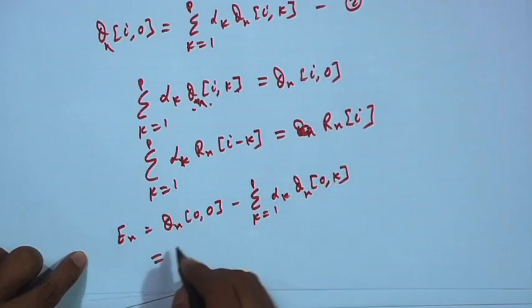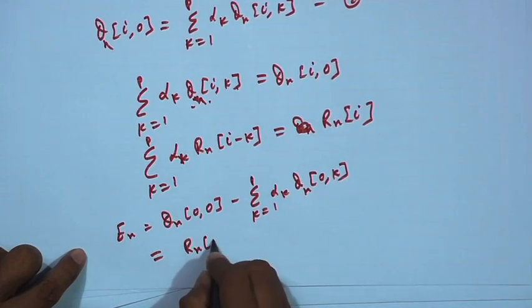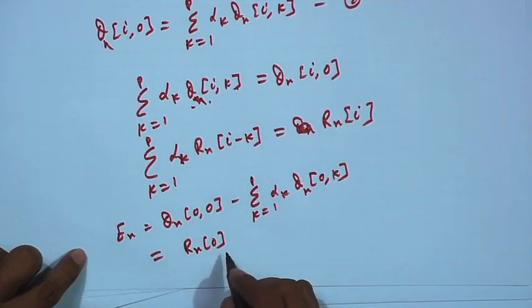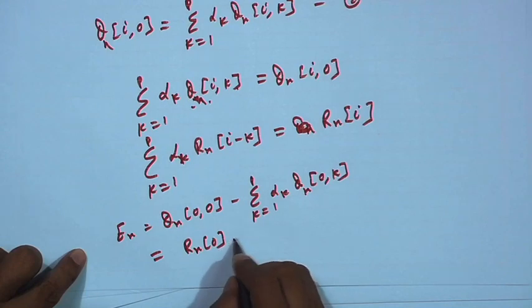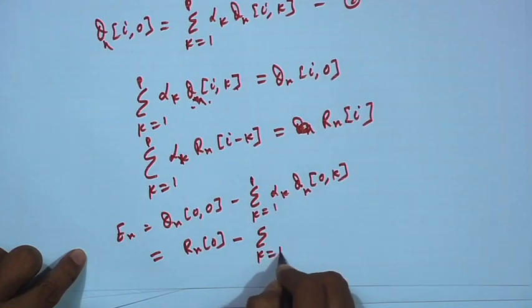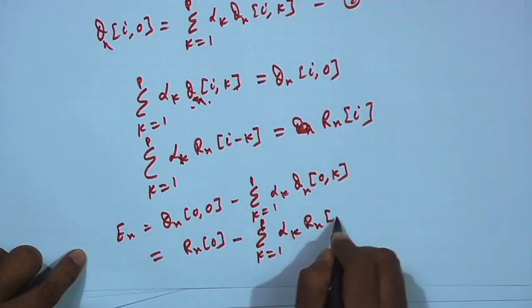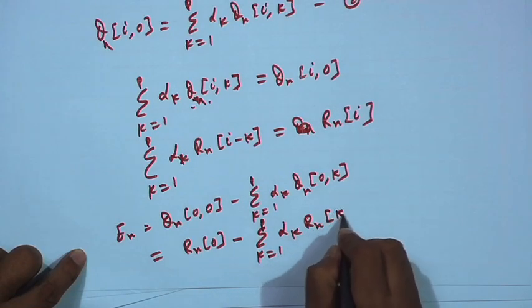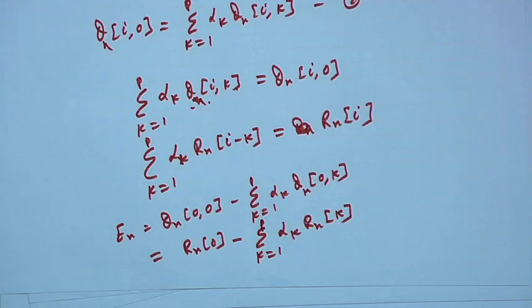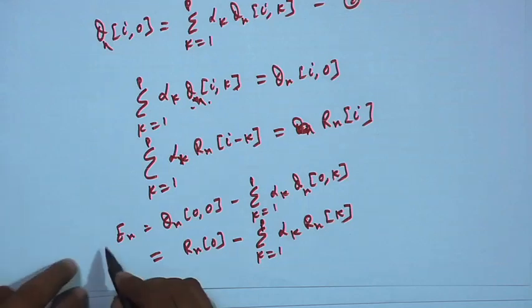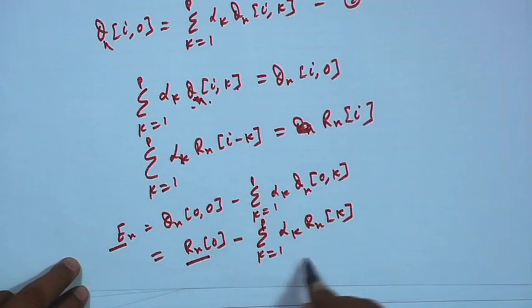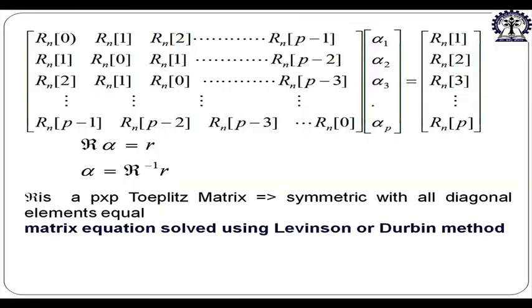That also can be written with phi_n replaced by R_n, the autocorrelation: R_n(0) minus the sum over k equal to 1 to p of alpha_k R_n(k), since i is 0. So, I can say E_n is nothing but R_n(0) minus that sum.